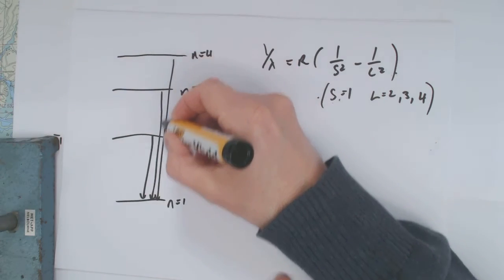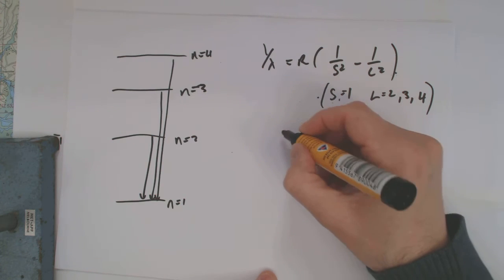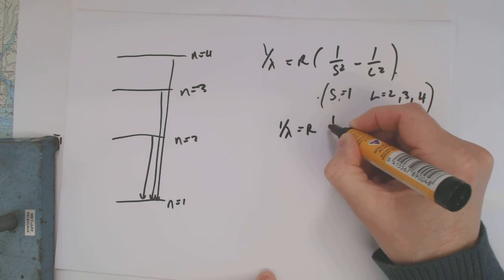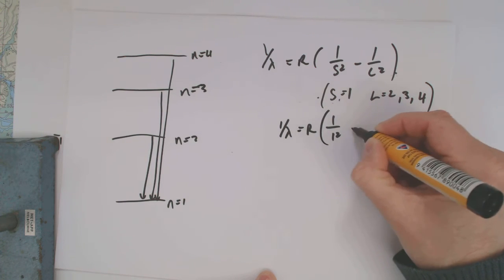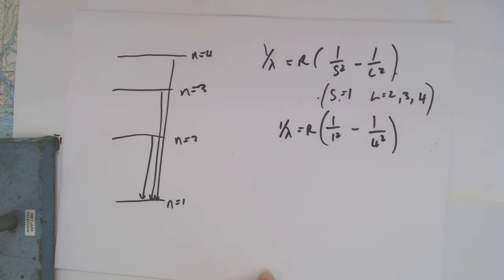Obviously, the one that's got the biggest energy out of these three is n equals 4 down to n equals 1. So if we were to calculate that, we'd go like this: 1 over wavelength equals R times 1 over 1 squared minus 1 over 4 squared. And we could use that to calculate our wavelength.